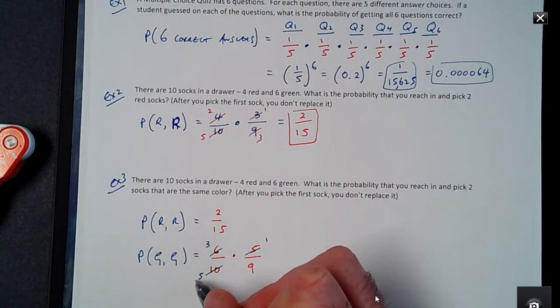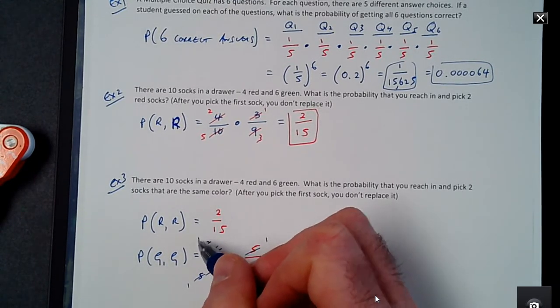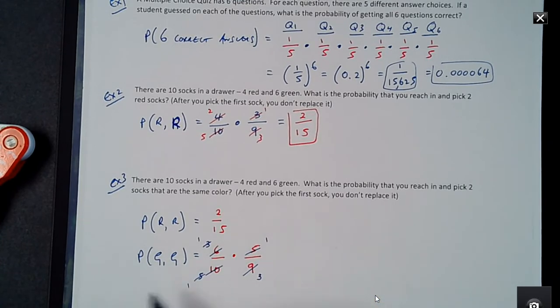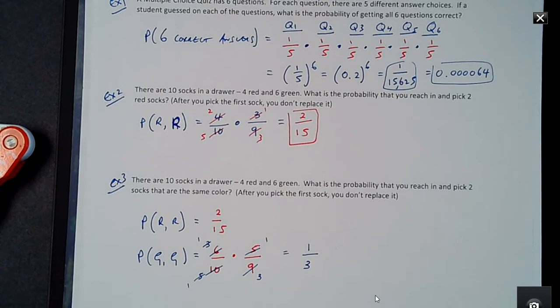So 1 and 1. And then the 3 and the 9 here. 3 goes into 3 once and into 9 3 times. So multiplying across, you're going to get 1 times 1, which is 1, and then 1 times 3, which is 3. So you've actually got a 1/3 chance of getting 2 green socks. So that makes sense. It's more likely that you're going to get green socks together than you are red. Well, you got more green socks.